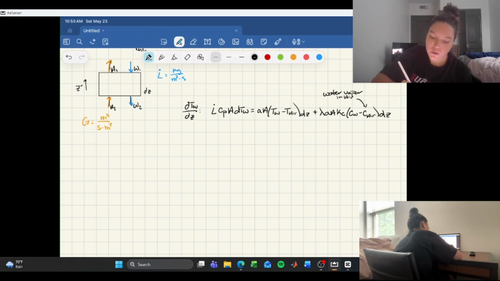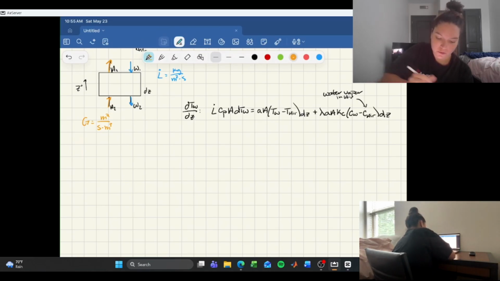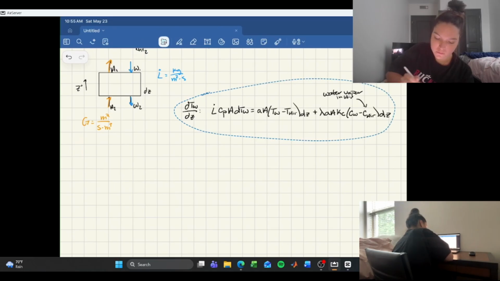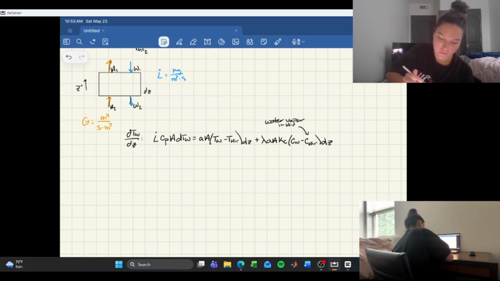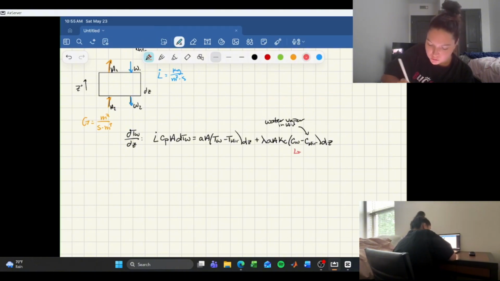Okay. We can also note that the concentration of water is going to be pressure over the gas constant times temperature.